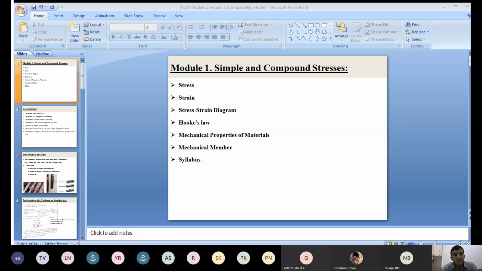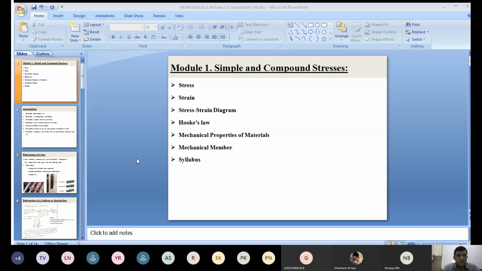That tells the mechanical properties such as strength, stiffness, ductility, malleability, elasticity, plasticity, resilience, toughness, brittleness, fatigue, creep, etc. One more important property is hardness.